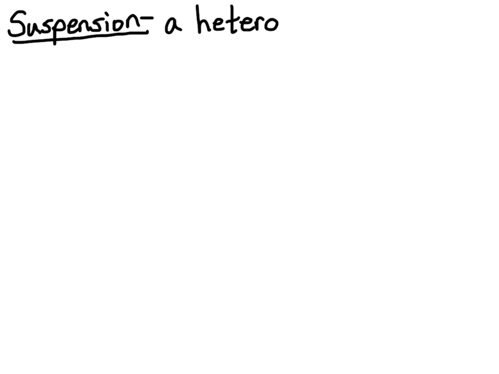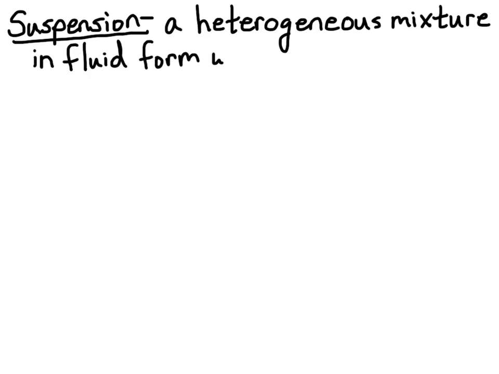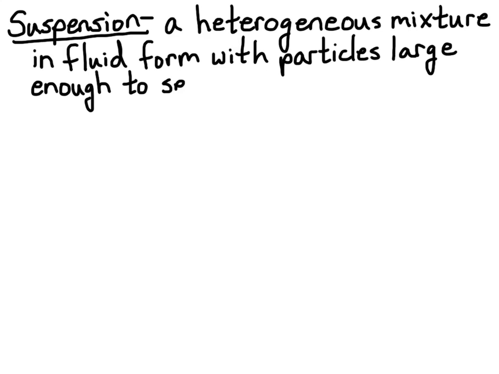By definition, a suspension is a heterogeneous mixture that is in fluid form, so we're looking at mostly liquids. It could theoretically be in a gas as well, but it's a heterogeneous mixture in fluid form with particles that are large enough to settle out. And that's what we would call a suspension.